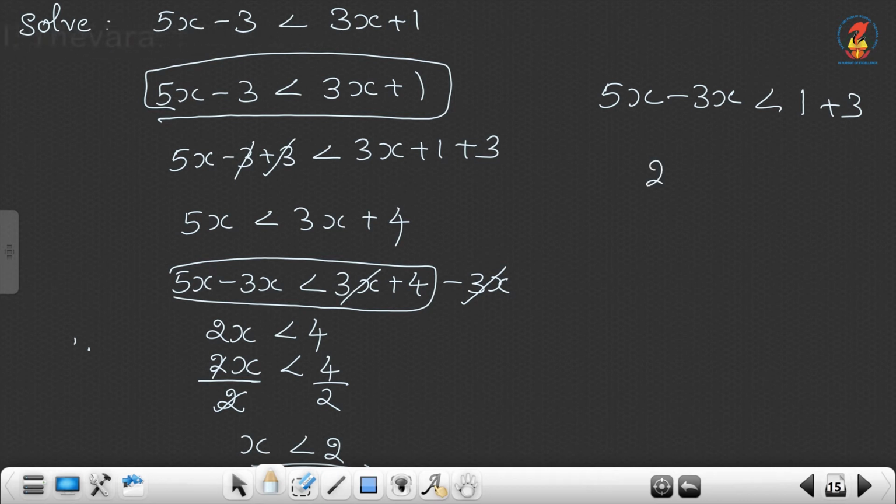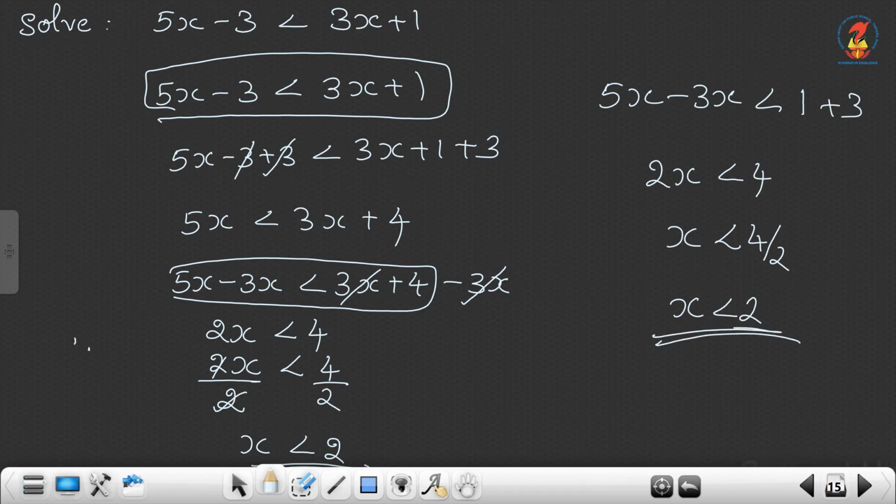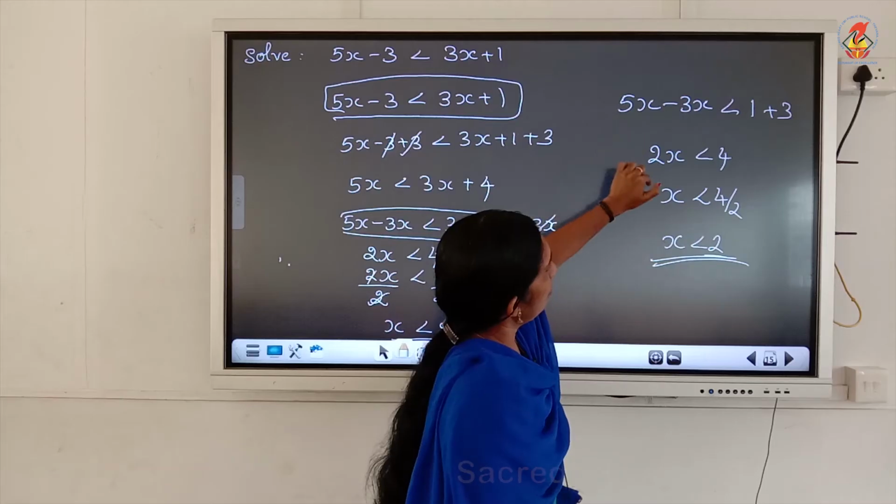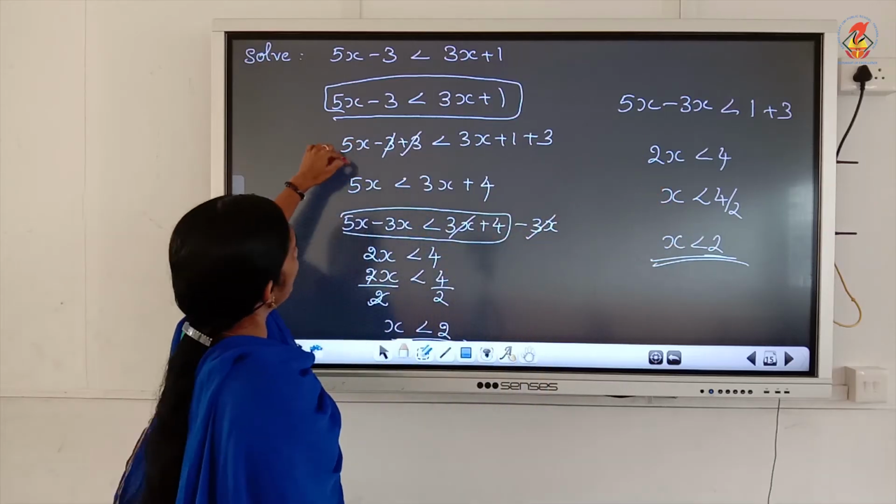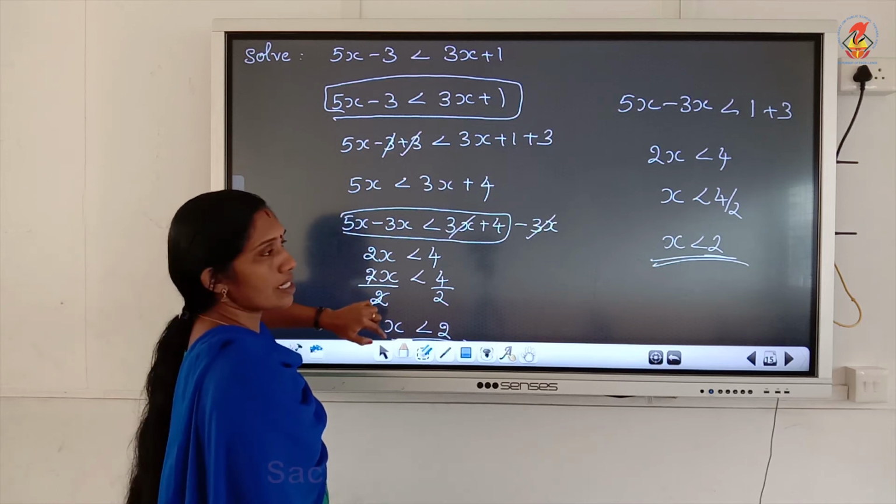So this becomes 2x is less than 4. Then I can write x less than 4 by 2, or x less than 2. Okay. So here how many steps? Only 3 steps. Here 1, 2, 3, 4, 5, 6 steps.